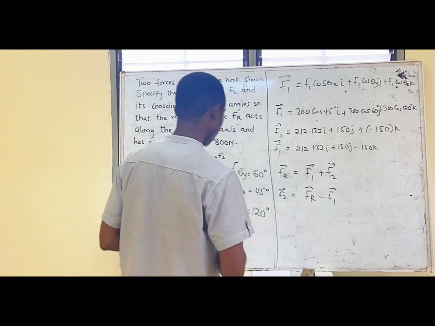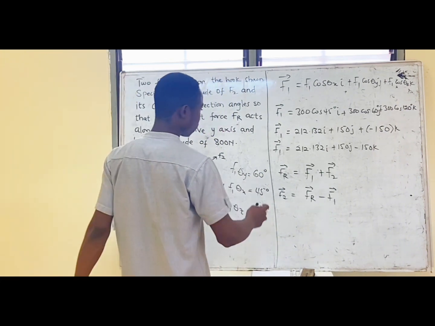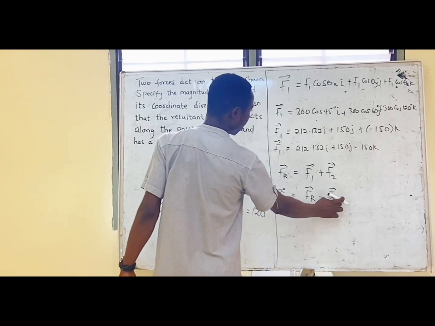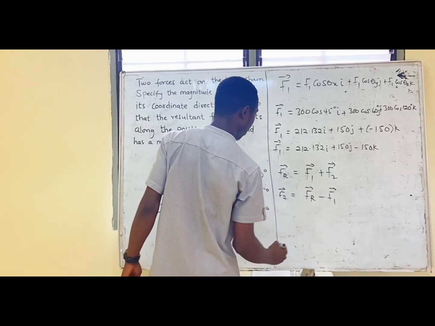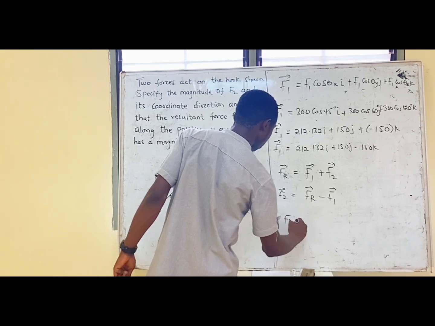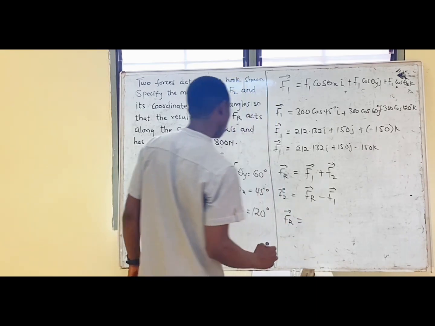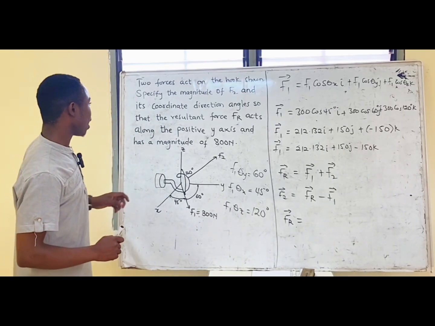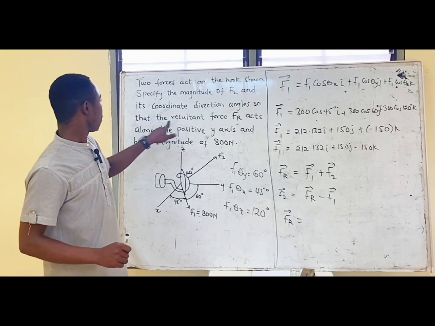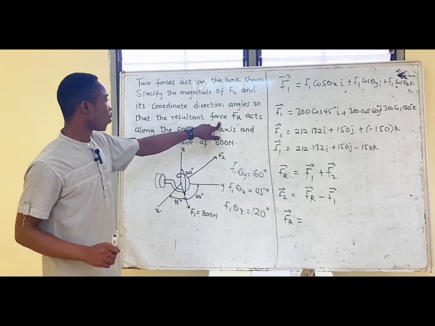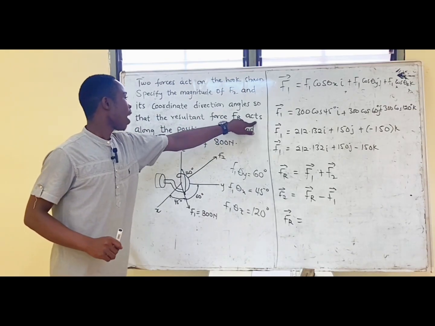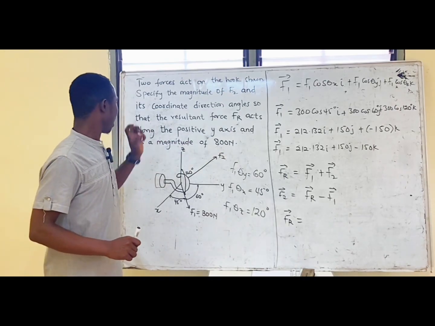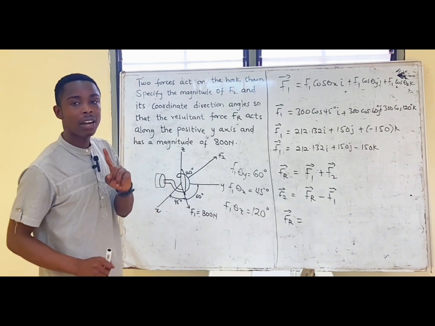Very good. Now, we need to find our FR in a Cartesian vector form so that we will subtract our F1 in vector form from the FR. So we need to come back to the question. It says that the resultant force FR acts along the positive y-axis and has a magnitude of 800 Newton.